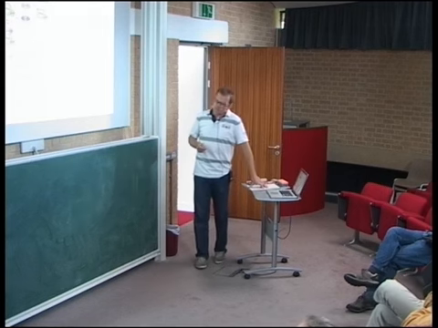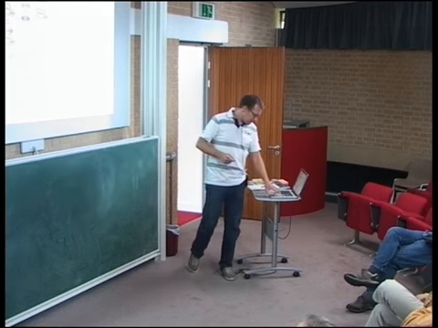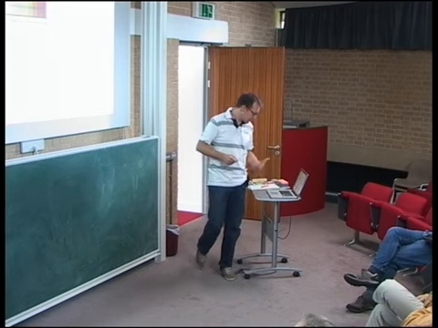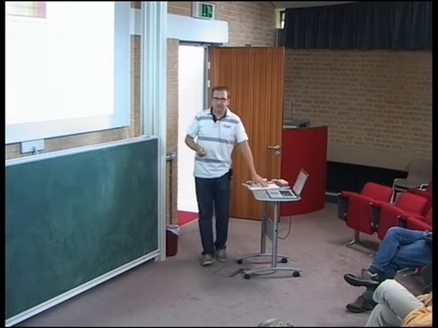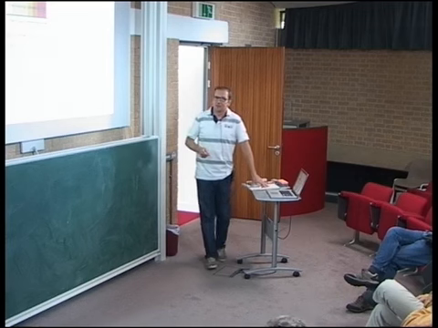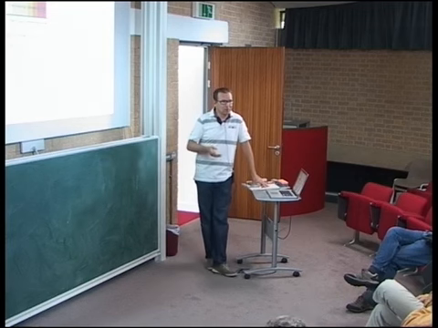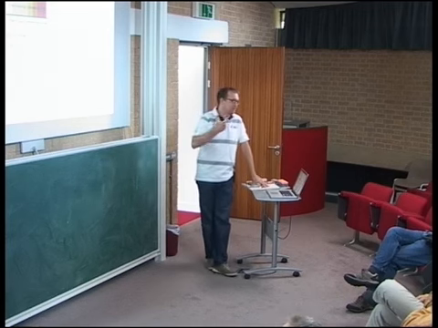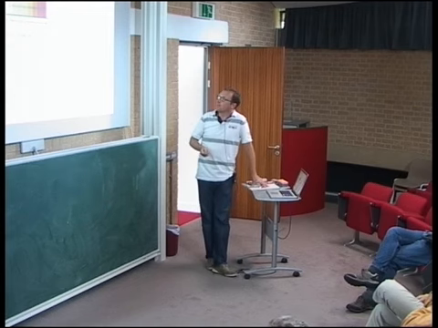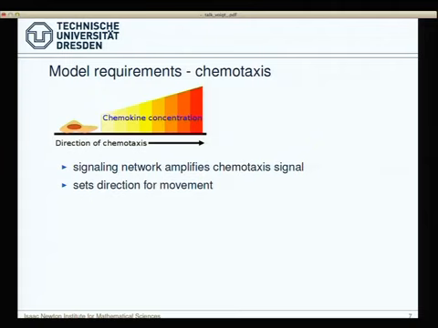Okay. And the last thing I would like to take into account is some spatial signal from outside, so that our cell moves in some physiologically meaningful direction, for example, due to chemotaxis, to go into some direction to find nutrients or oxygen or whatever.